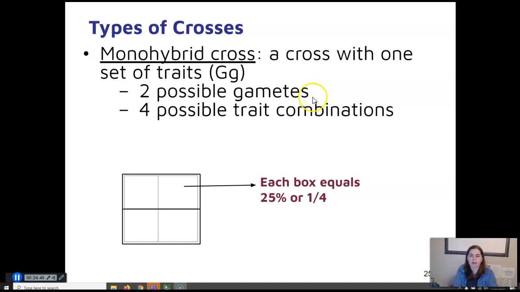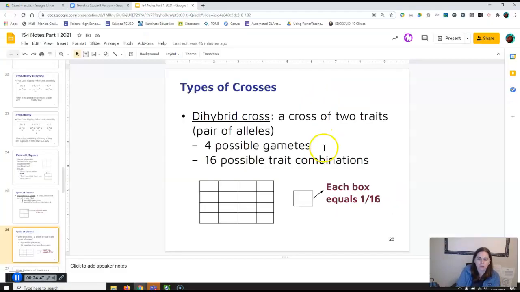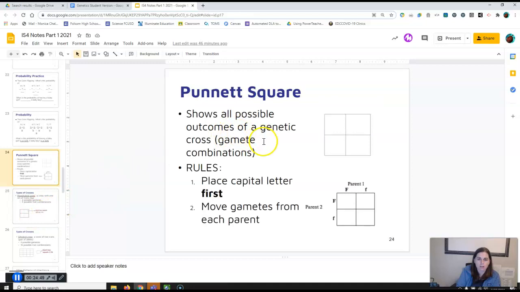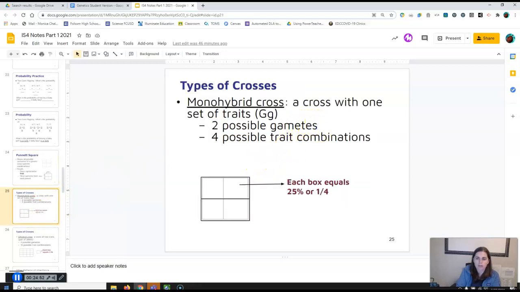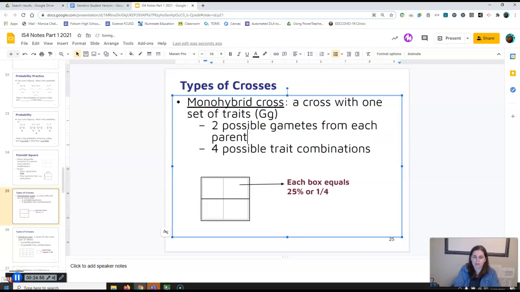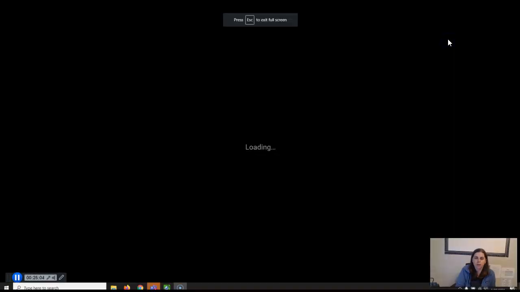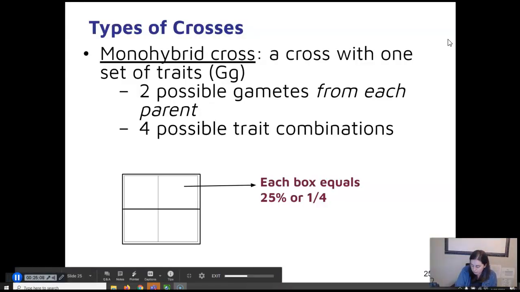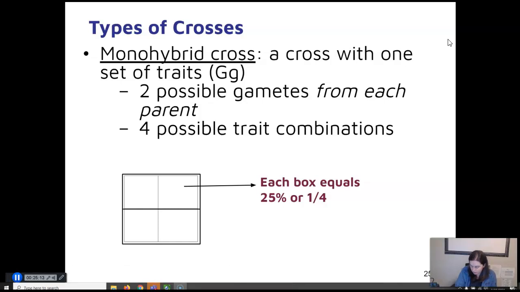Let's do that right now. 2 possible gametes from each parent. Okay, that's important. And we're going to italicize that because I really want you to remember that. Okay. Which gives you then 4 possible trait combinations.